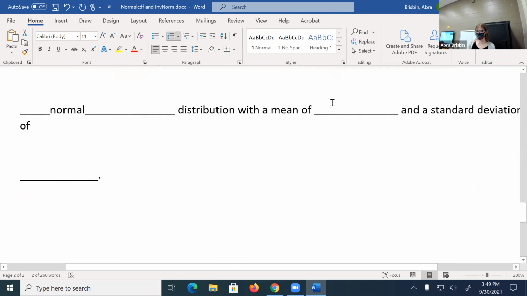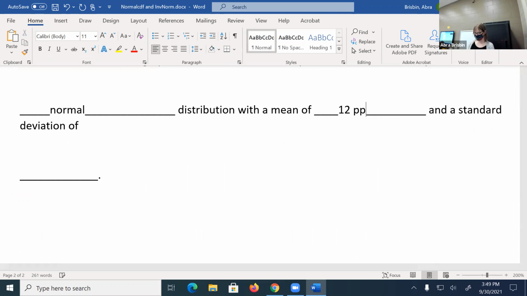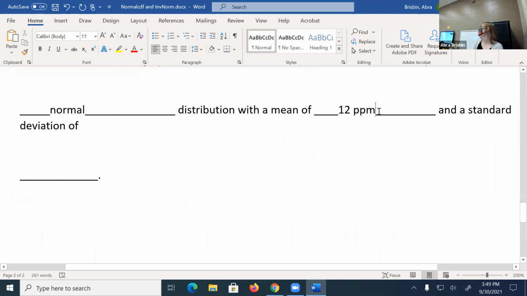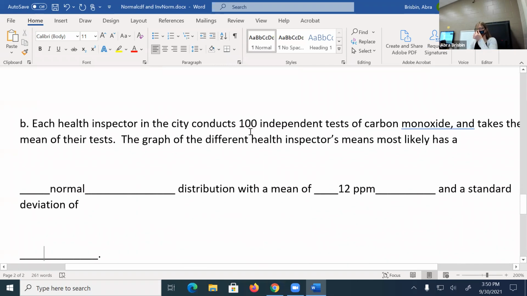So 12 parts per million. And what's the standard deviation gonna be? Is it gonna be 9? No, what is it gonna be? Yeah, it's gonna be 9 divided by the square root of the sample size that we're taking the average of. So 9 divided by the square root of 100, which is 9 divided by 10, so 0.9.